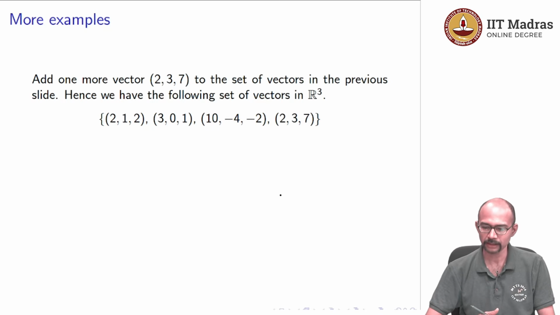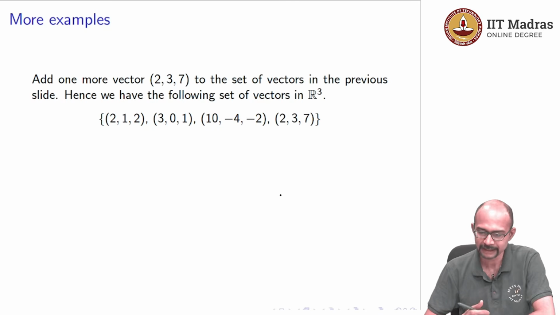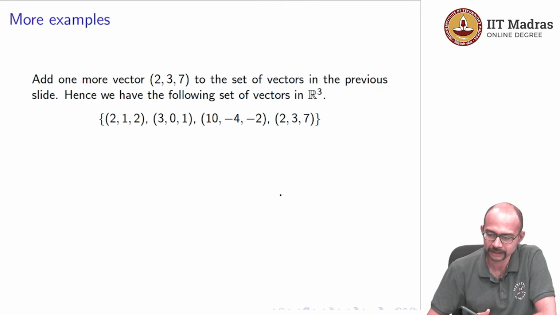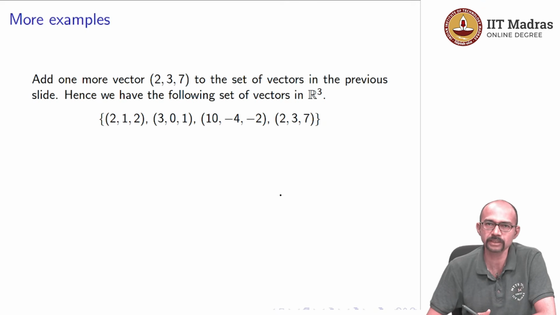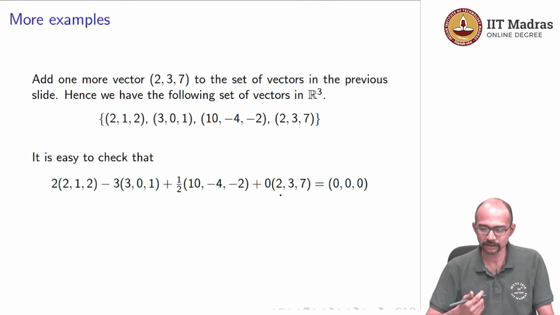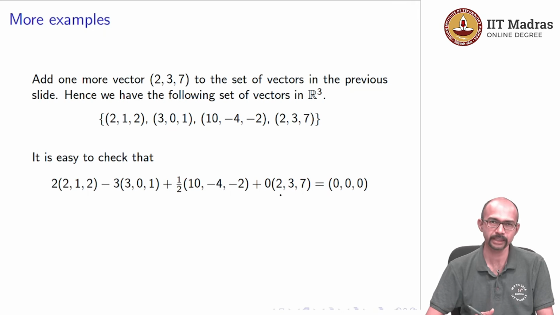Let us continue and append a vector to this set. So this set is now (2, 1, 2), (3, 0, 1), (10, minus 4, minus 2) and (2, 3, 7). So we have appended one more vector to this set, and we can ask, is this set now linearly dependent? And the answer is, well, certainly it is, because since the original set, meaning the set with 3 of them, was linearly dependent, we can write down the same equation, but we also have to include the new vector (2, 3, 7).